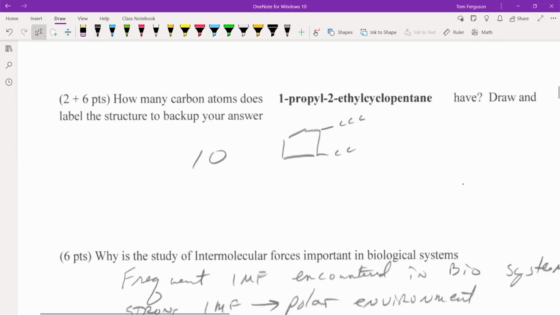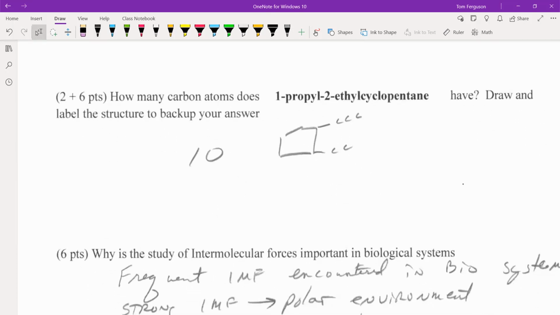How many carbon atoms does this have? First thing to do is draw it, which would be this here. So it's a cyclopentane. And there's a propyl group at carbon number 1, and an ethyl group at carbon number 2.